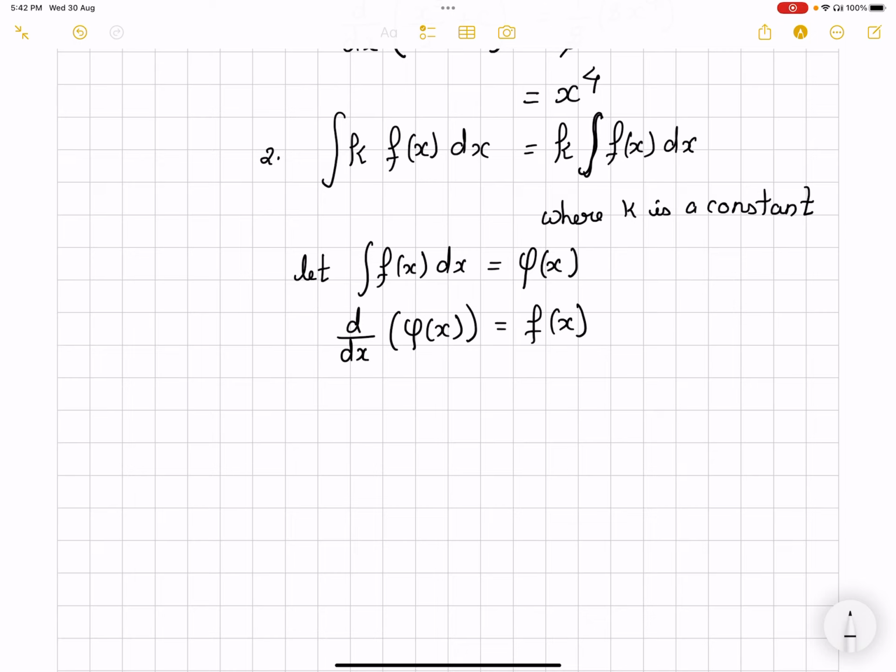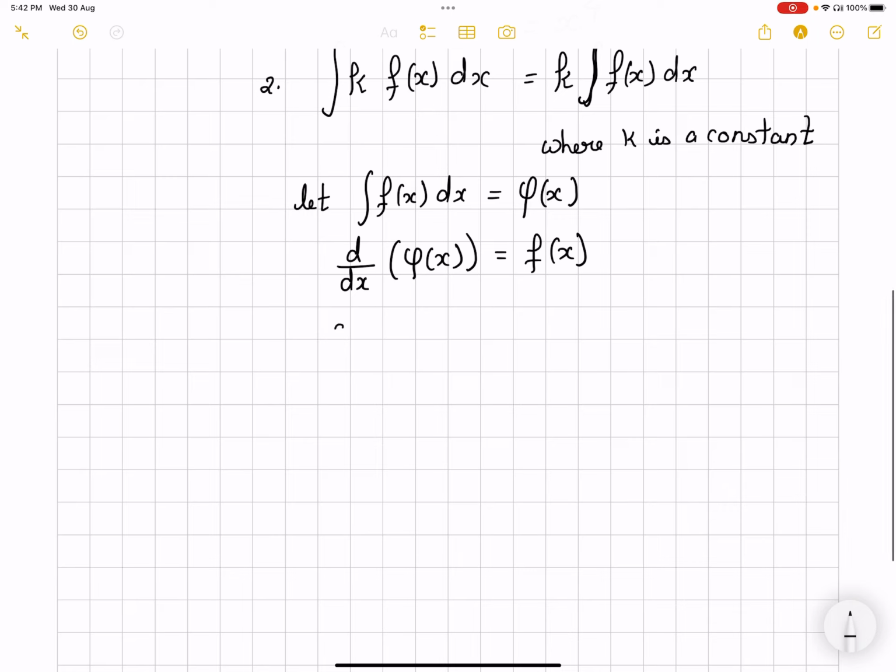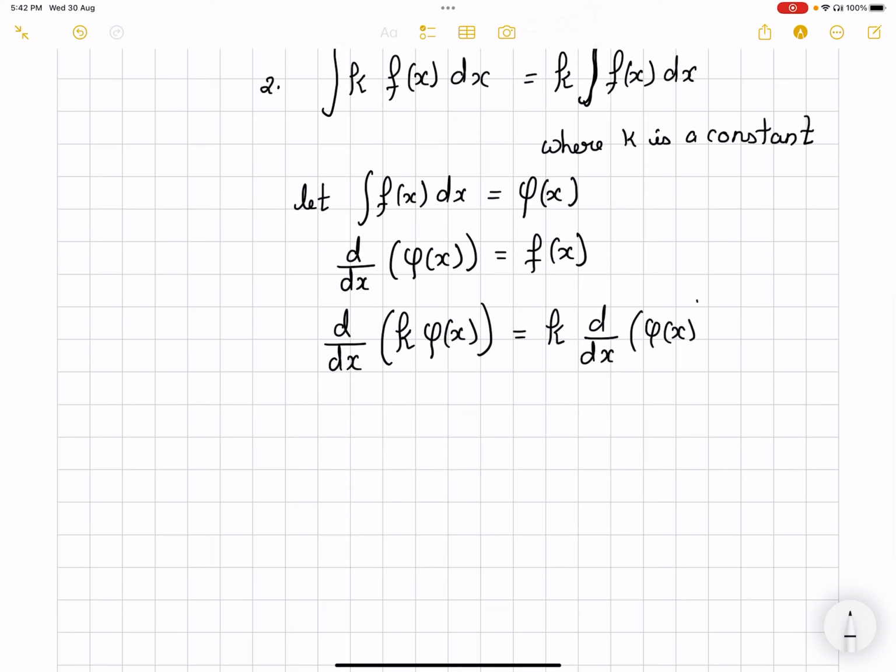I think till here it's clear. Now when I differentiate d by dx of k times phi of x, I would be taking k out, and then d by dx of phi of x. That means I'm going to differentiate only the function but not the constant. So I would be getting k times f of x.